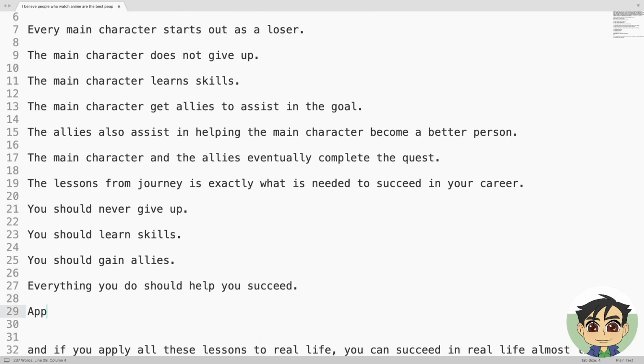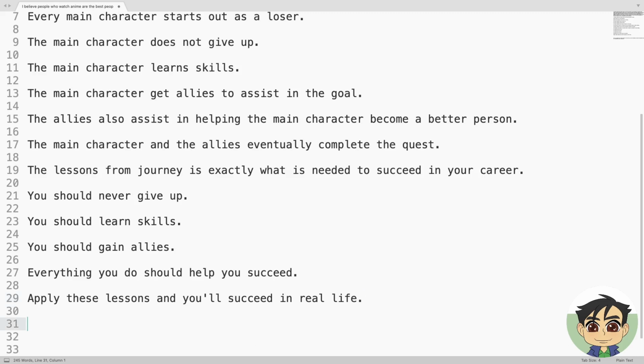Apply these lessons and you'll succeed in real life. You'll become almost like an overpowered anime character.